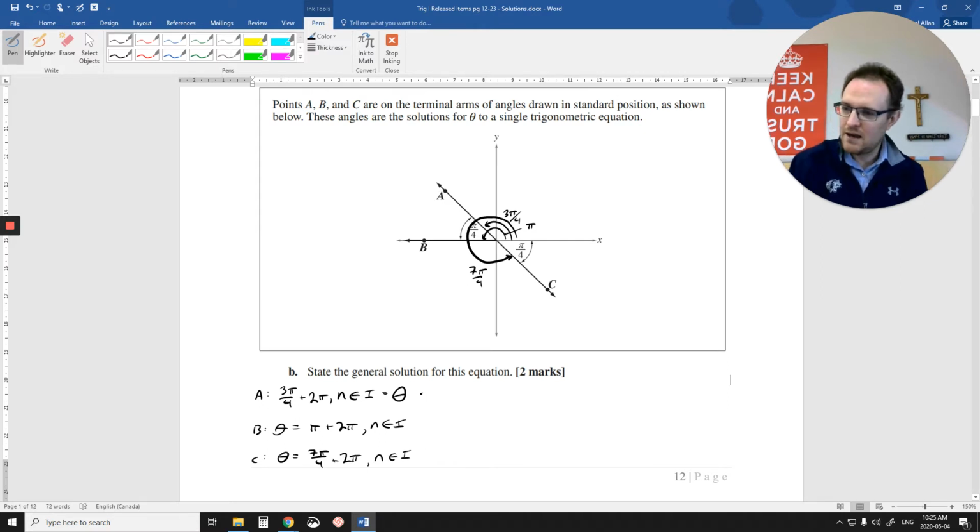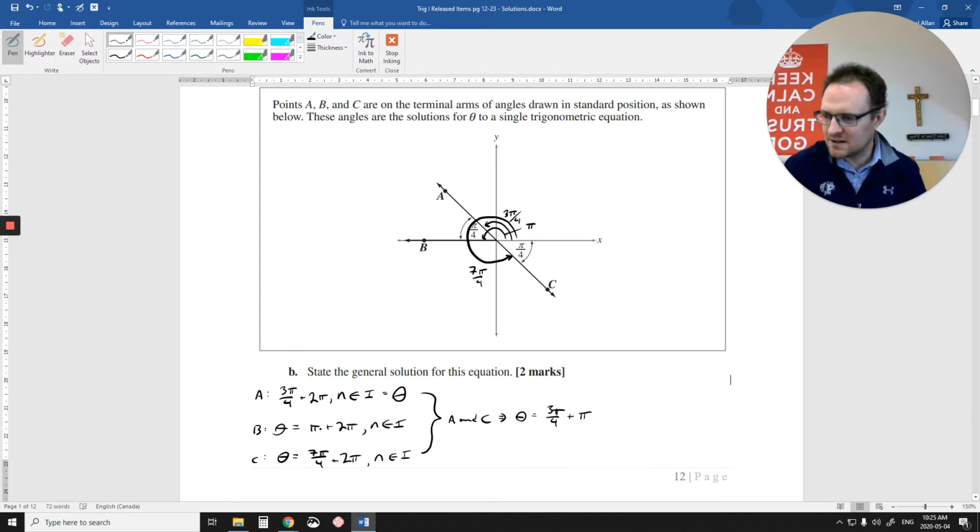Now, A and C, they can combine together. So A and C can turn into theta is equal to 3 pi over 4 plus pi.